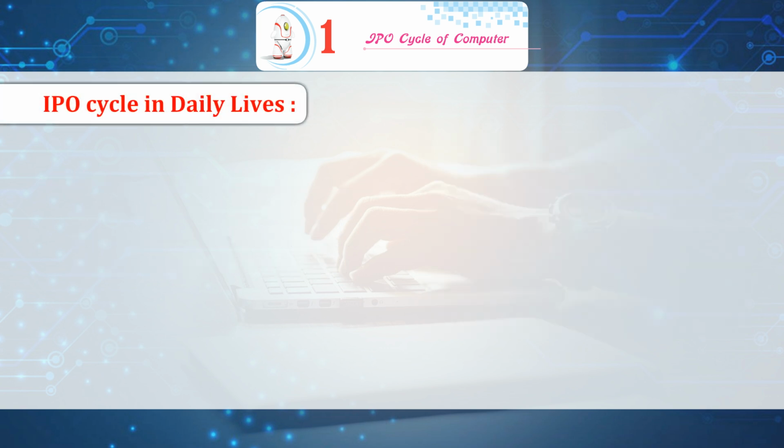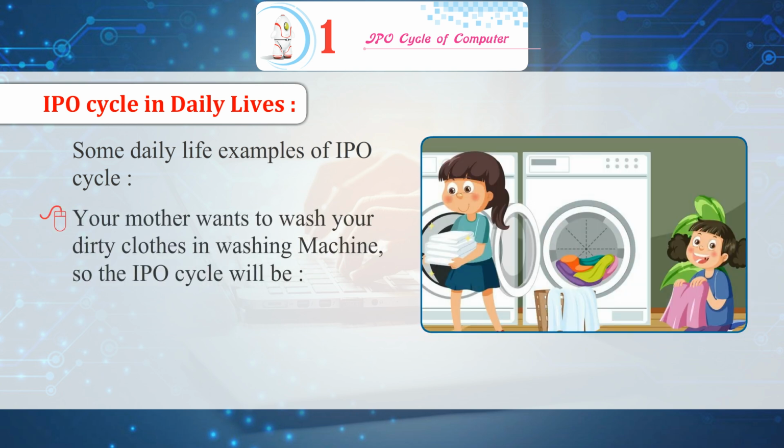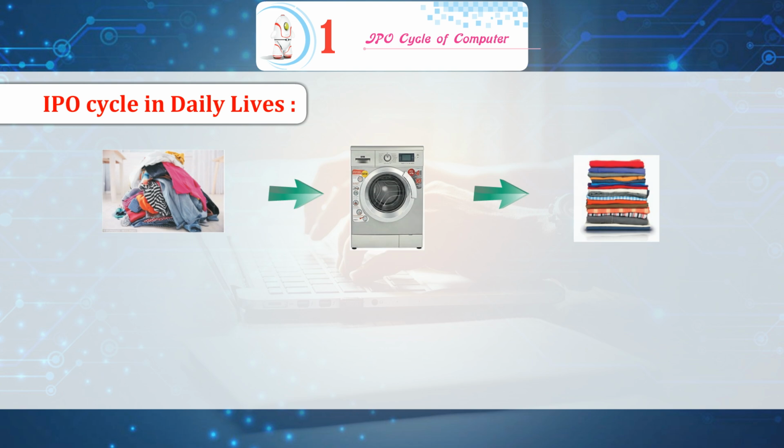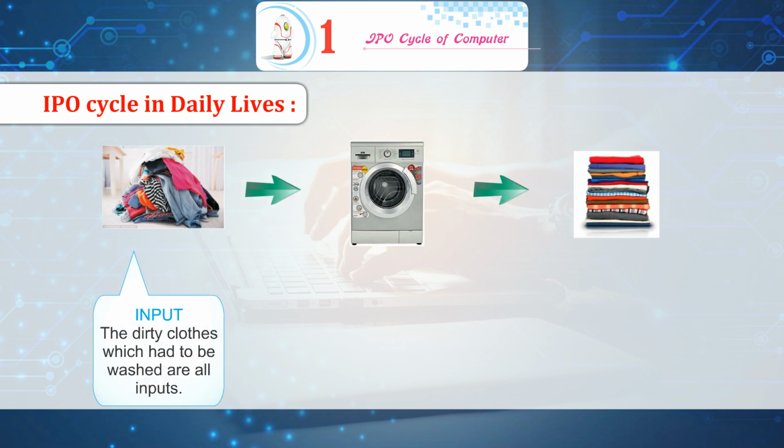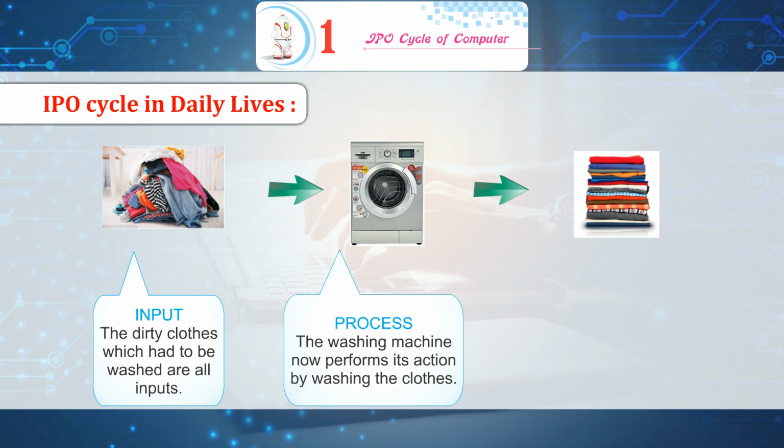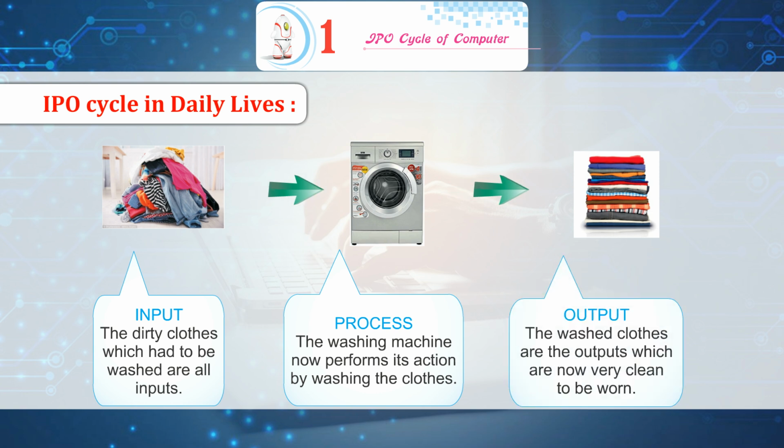IPO cycle in daily lives. Some daily examples of the IPO cycle. Your mother wants to wash your dirty clothes in a washing machine. So, the IPO cycle will be: input, the dirty clothes which have to be washed are all inputs. Process, the washing machine now performs its action by washing the clothes.